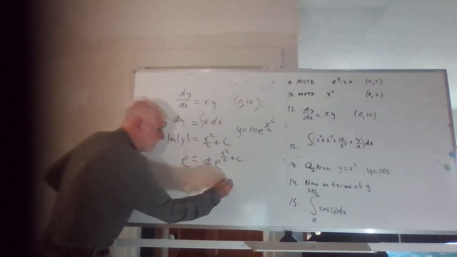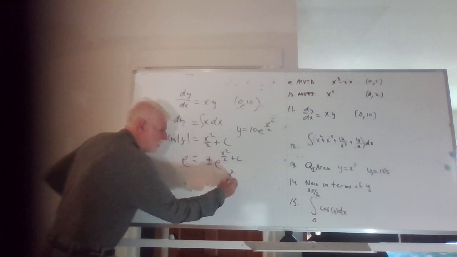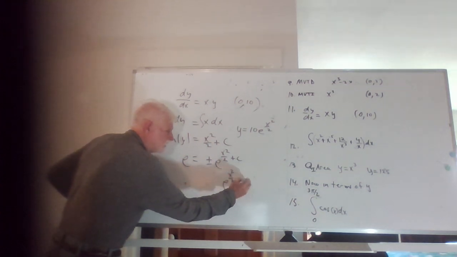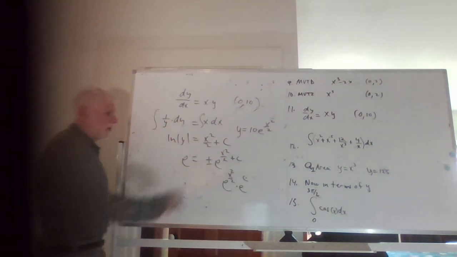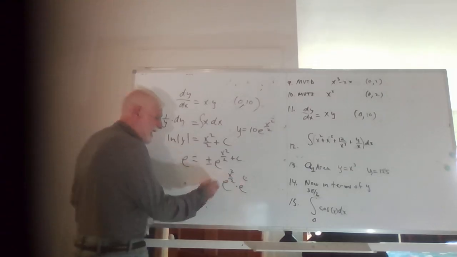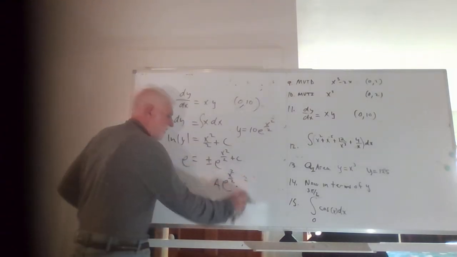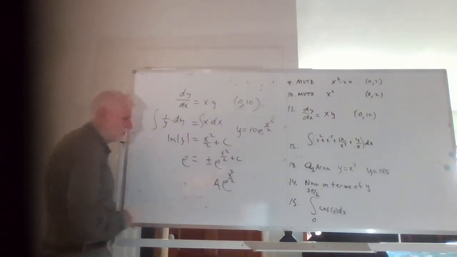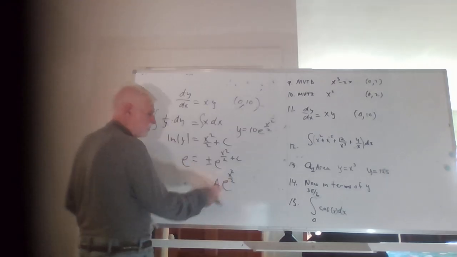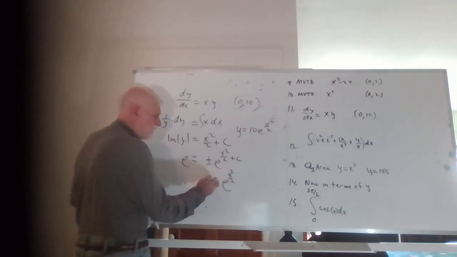And that's the same thing as e to the x squared over 2 times e to the c. So we're going to call e to the c a. And I got a plus minus here. I don't care about the minus because the 0 gets me 10. E to the 0 is 1. So that's where your 10 comes from.